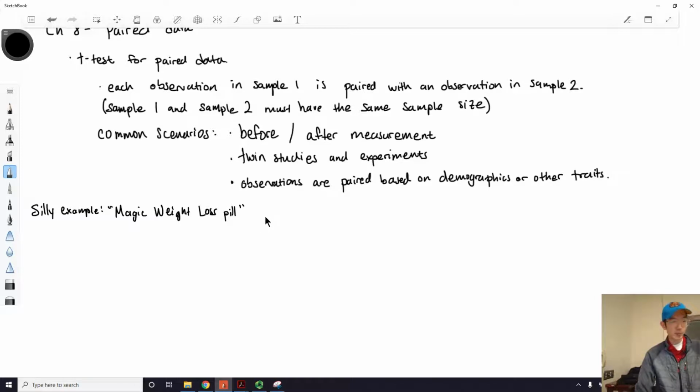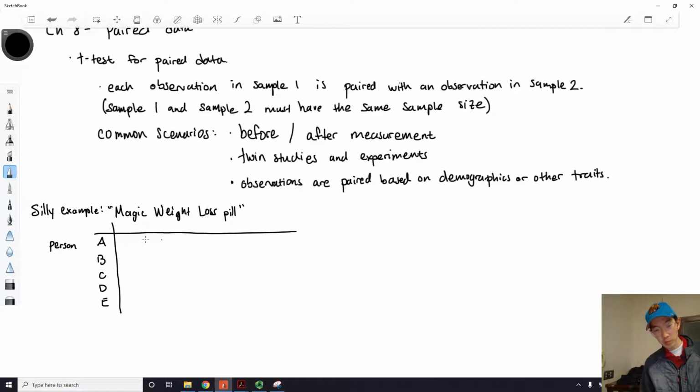We're going to say we have 5 people: person A, person B, C, D, and E. And we're going to get before and after measurements.